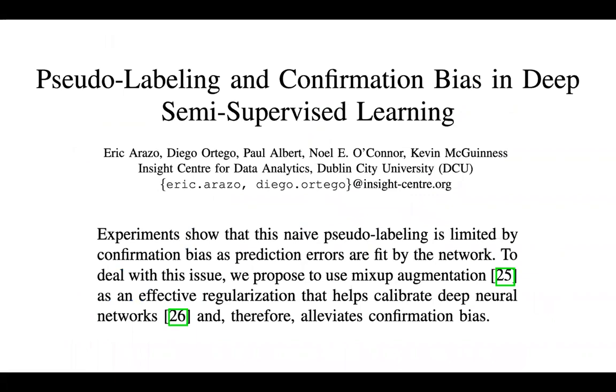And just to give another example, this was a paper talking about how to improve pseudo-labeling, which is equivalent to self-training. Their main claim in the paper is that if you use mix-up, which is a very powerful regularizer, you can start to get self-training to work. So again, in order to get self-training to work, we need to use some kind of regularization. And hopefully you can see intuitively why that's true.